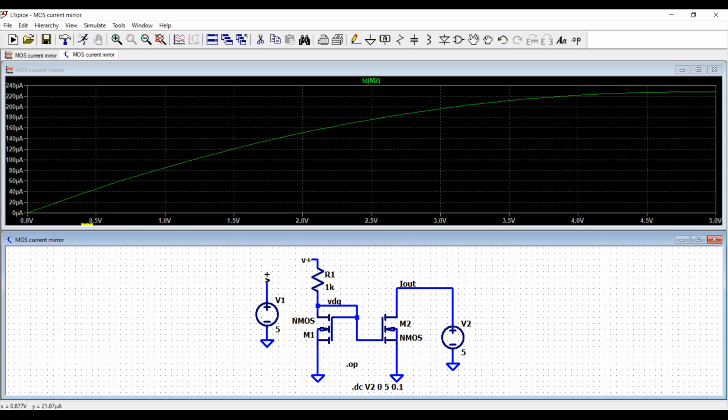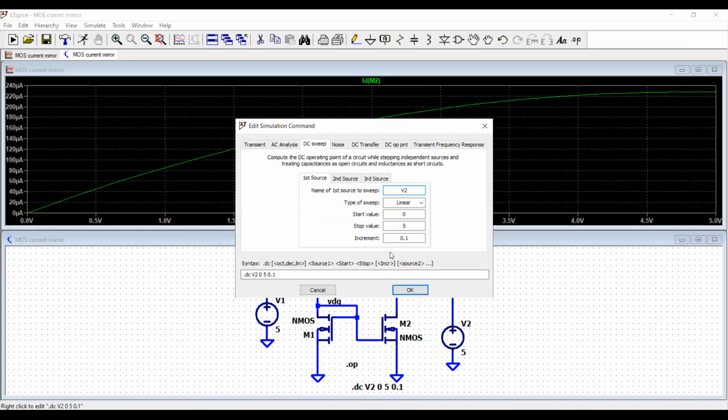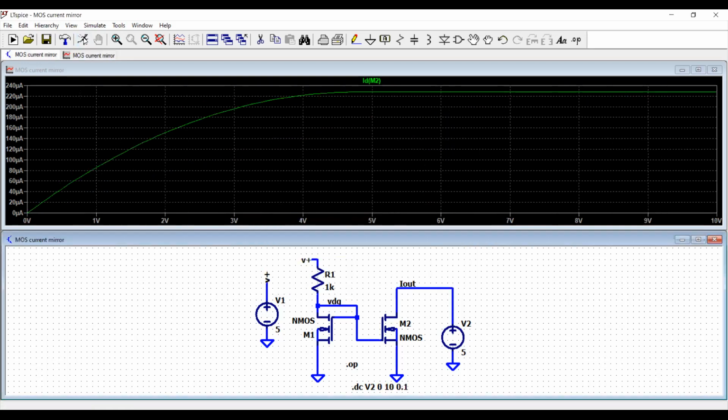Here you see that I have this current and it is almost in the linear mode or the triode mode until I have 4.5 volt, and after that it's saturating. So I need to increase the voltage. I would sweep this DC voltage source from 0 to, let's say, 10 volt, at a step of 0.1 volt. We'll see how it goes.